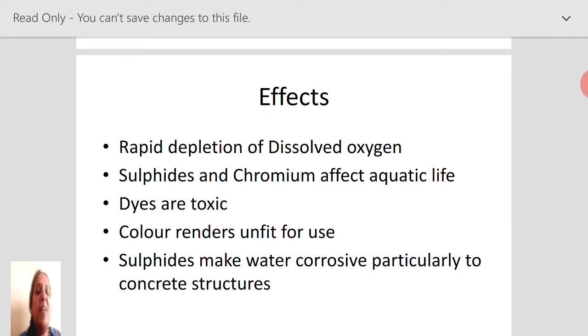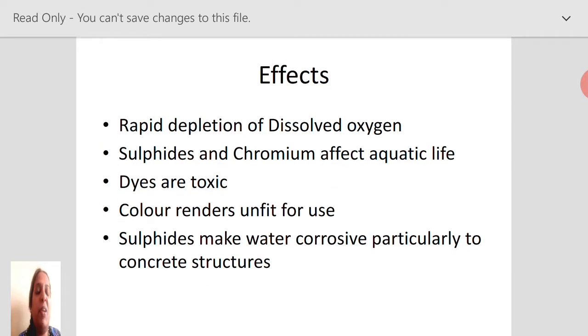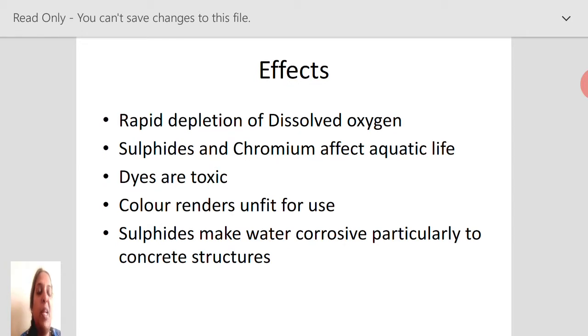So what are the effects when we dispose of such industrial wastewater, textile wastewater, into your streams? Considering the dyeing unit alone, we could see that the textile mill effluent will cause rapid depletion of dissolved oxygen. Once the dissolved oxygen is depleted, when we dispose of such effluents into your stream, it will affect your aquatic life as well as the flora and fauna.